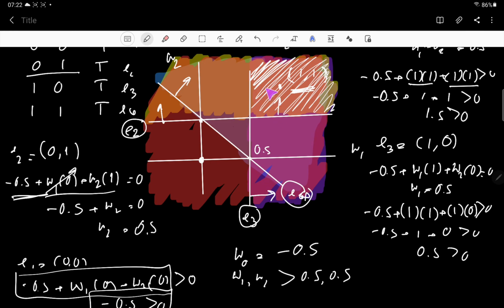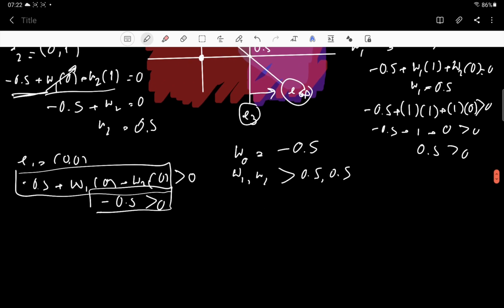Any point in this area can be used to classify this example. This is the reason that we can choose any weight in this area, right?